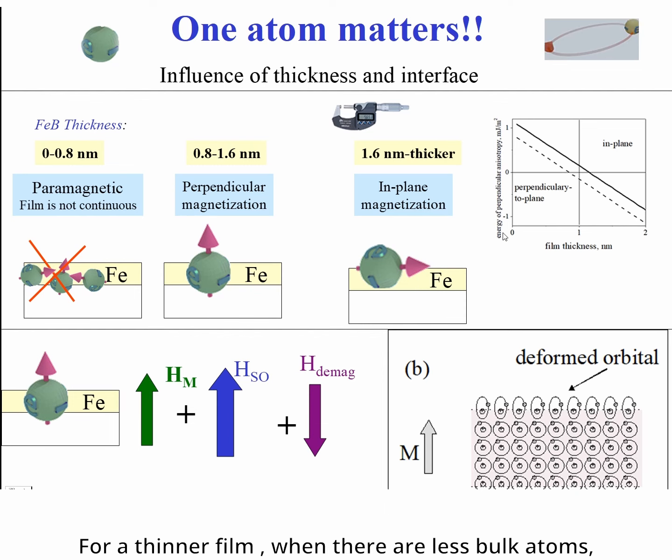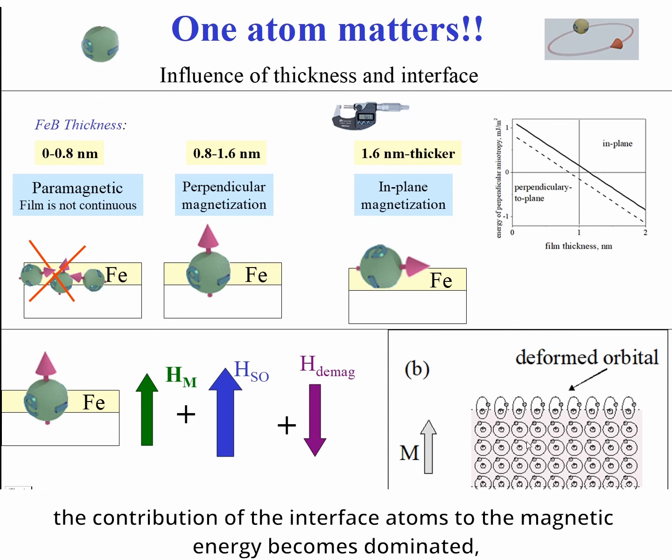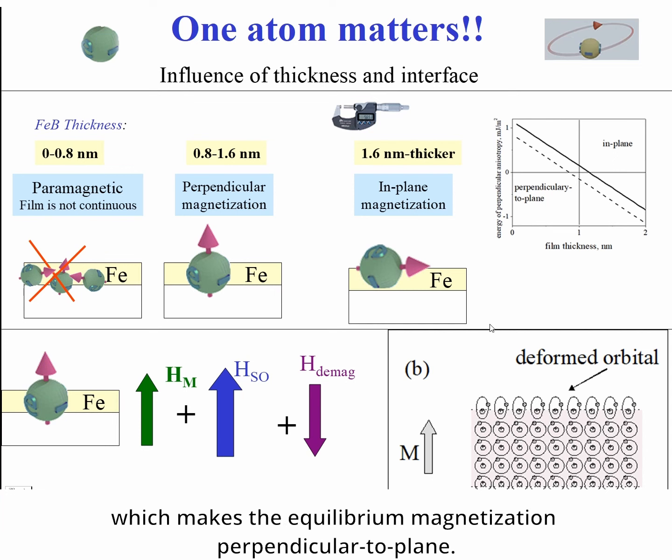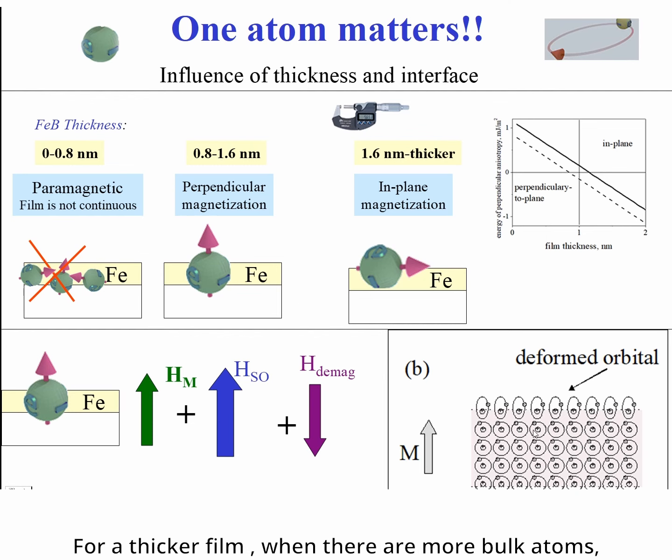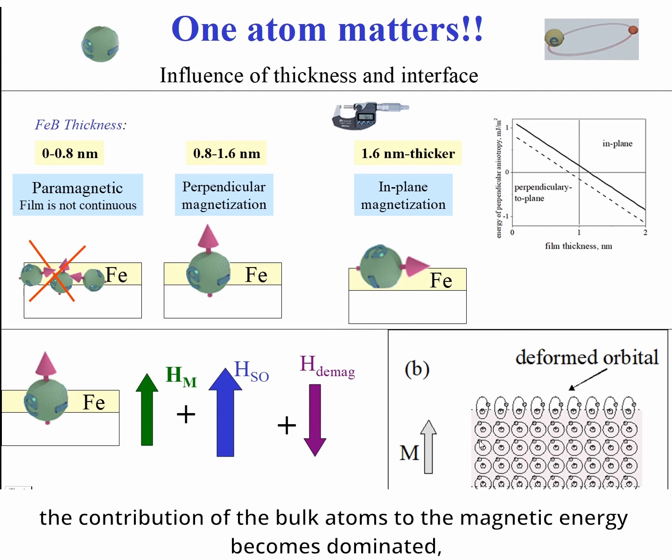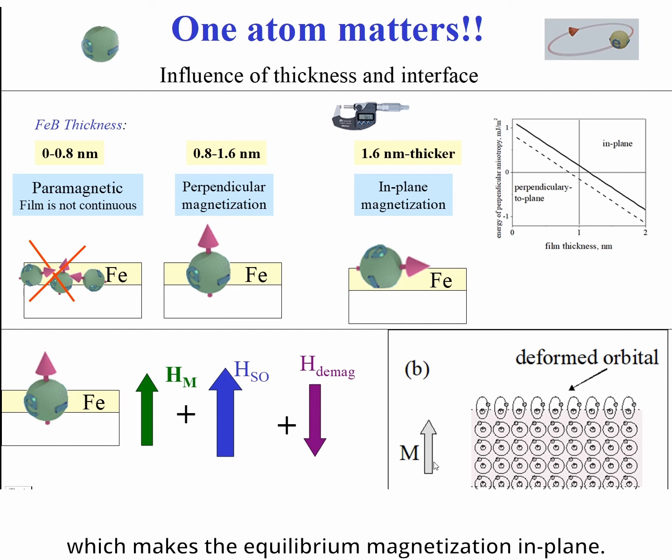For a thinner film, when there are fewer bulk atoms, the contribution of interface atoms to the magnetic energy becomes dominant, which makes the equilibrium magnetization perpendicular to the plane. For a thicker film, when there are more bulk atoms, the contribution of the bulk atoms to the magnetic energy becomes dominant, which makes the equilibrium magnetization in plane.